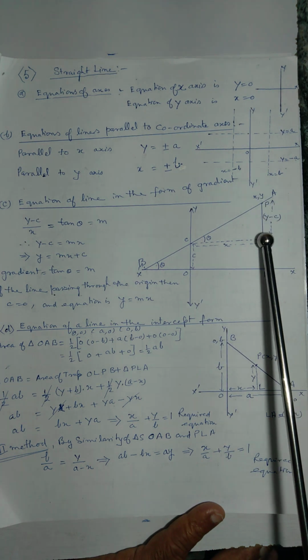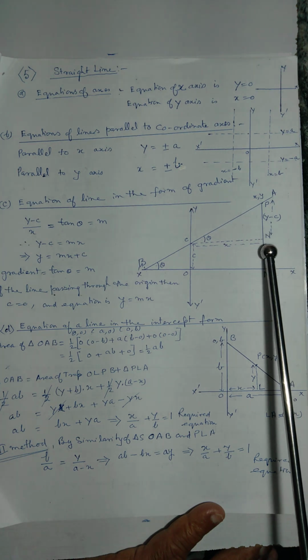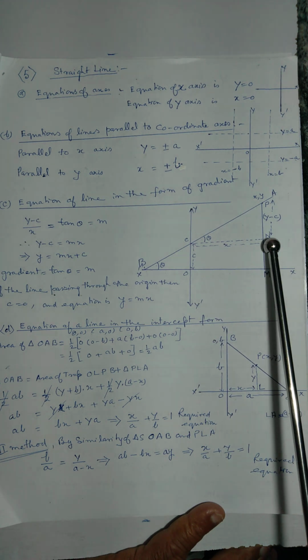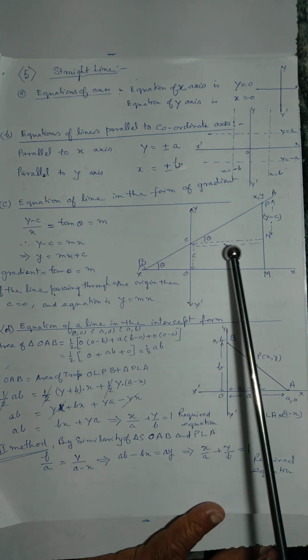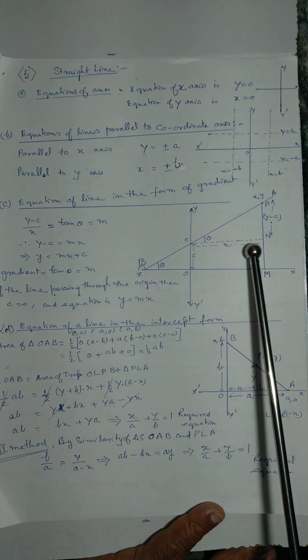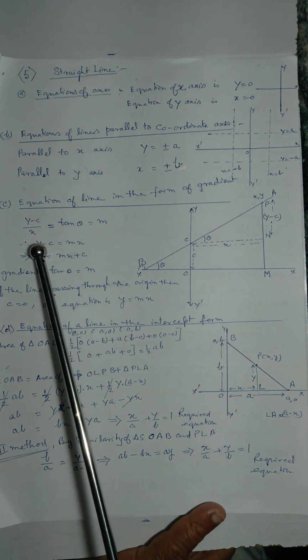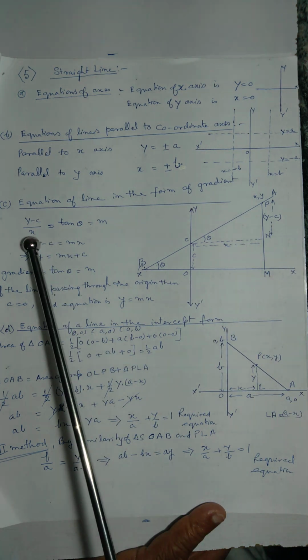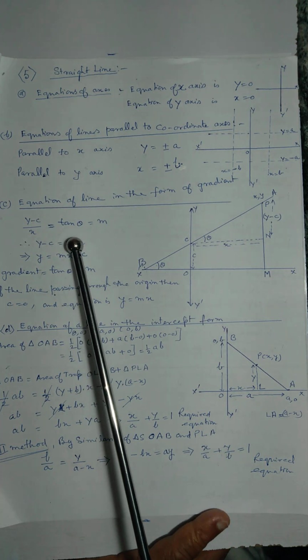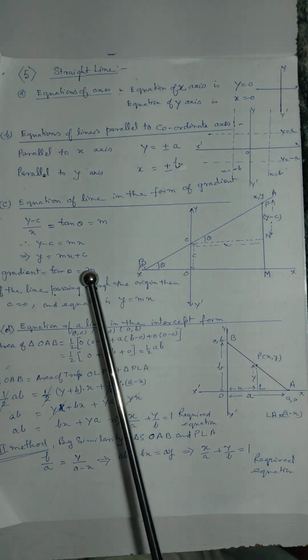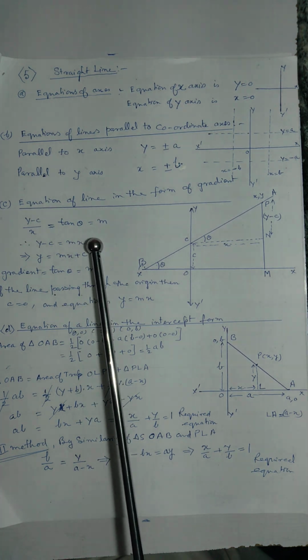So this distance will be equal to y minus c, means this is the intercept. So y minus c will be this distance, and this distance will be x. So you see y minus c, the perpendicular upon x, is tangent theta. Tangent theta is generally written as small m.